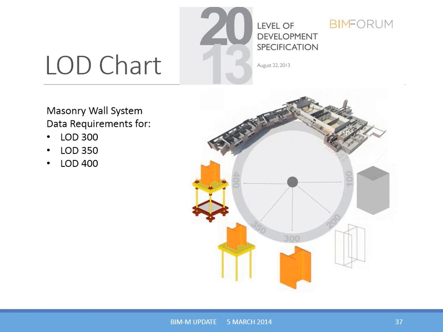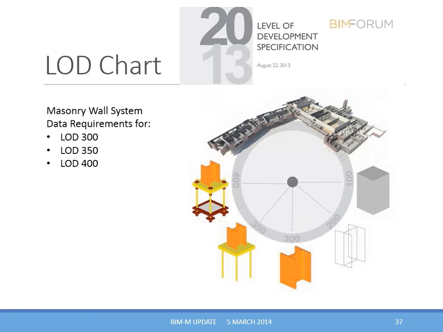So one of the things that we did look at is a document which is out on the street right now, which came out in August of 2013, the level of development specification that was put out by the BIM Forum. And this document develops and gives guidelines for how you would increase the education of your model depending on which LOD you're at. And you can see on this chart at the bottom that, from a steel construction point of view, going from LOD 300 to 350 to 400, you are putting more and more information into the model and educating it.